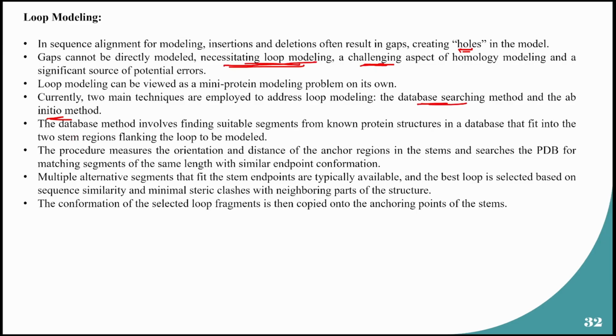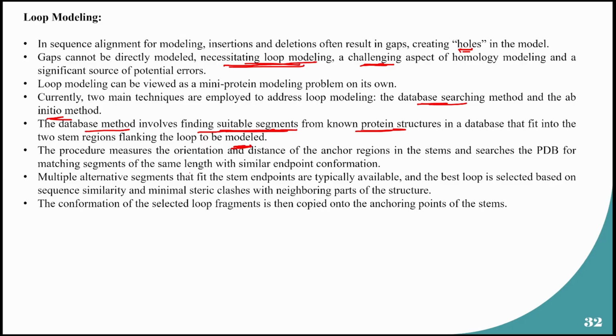The database searching method will find suitable segments from other known proteins in the PDB database that you can fit into the region of the loop which needs to be modeled. So that's simply searching the database and plugging in the values for the missing loop residues from other known proteins in the PDB, right?